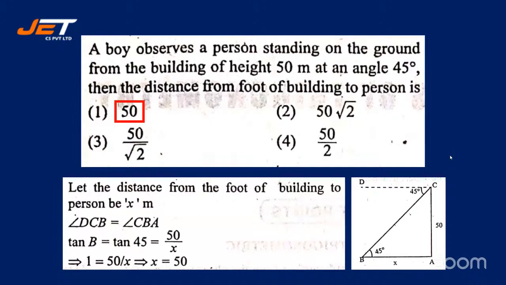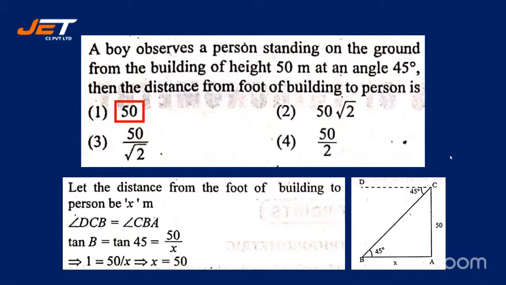Here is the diagram where B is the angle 45 degrees. The height is 50 meter. The boy is standing on the ground, and he is observing at 45 degrees. Then the distance from foot of building to the person is what?